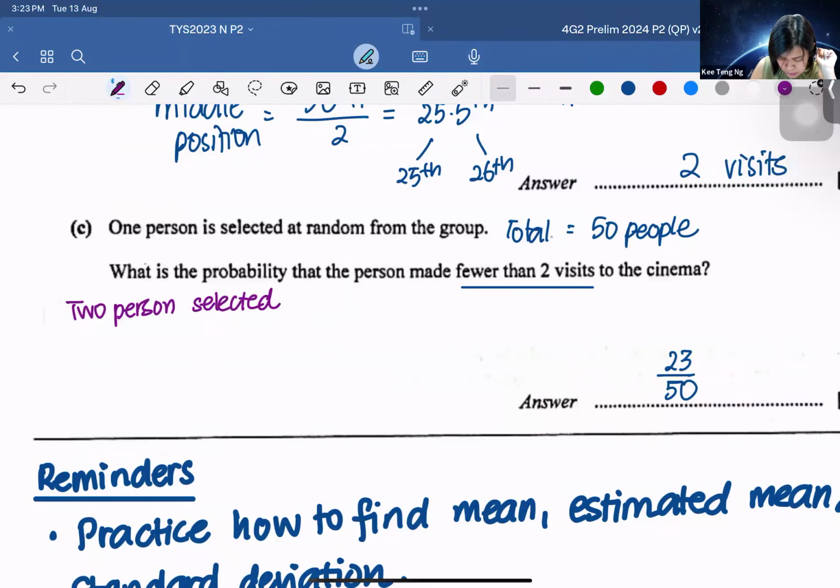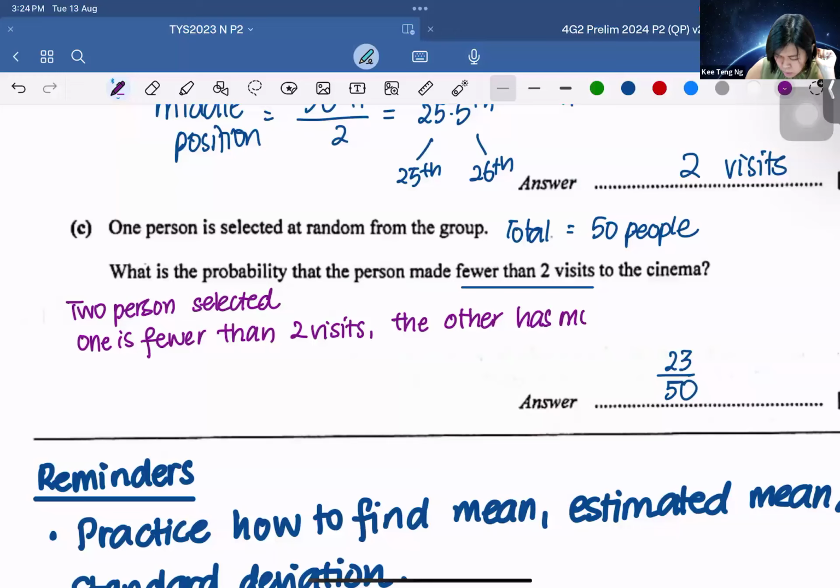What is the probability that one has fewer than 2 visits, the other has more than 2 visits?